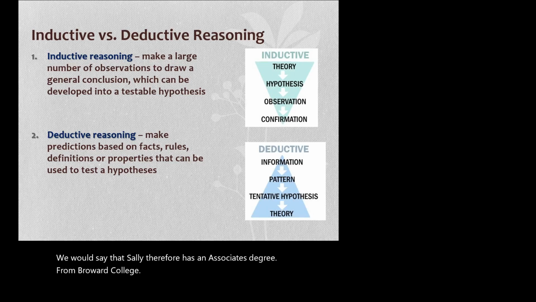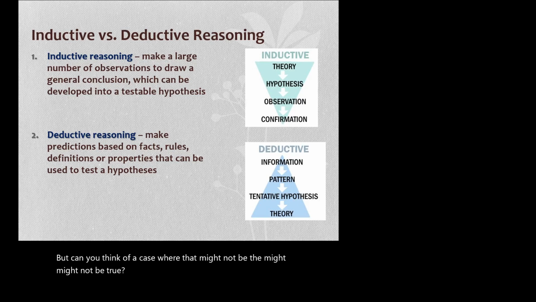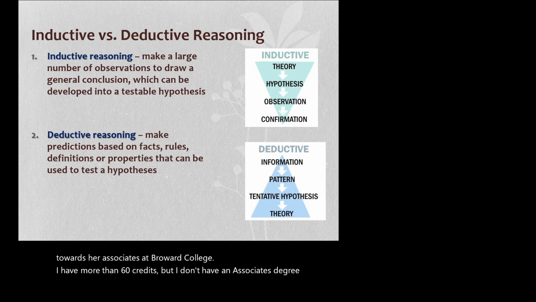But can you think of a case where that might not be true? Maybe Sally has 60 credits from a different institution, from a different degree, and some of those credits can't be counted towards her associate's at Broward College. I have more than 60 credits, but I don't have an associate's degree from Broward College.